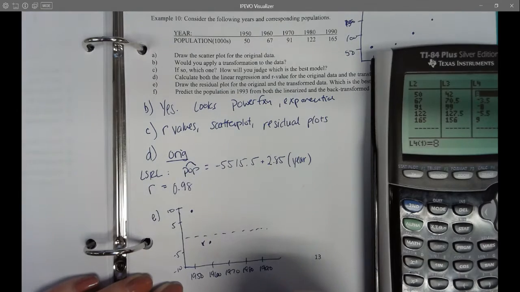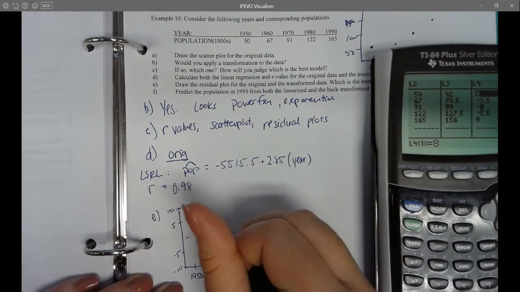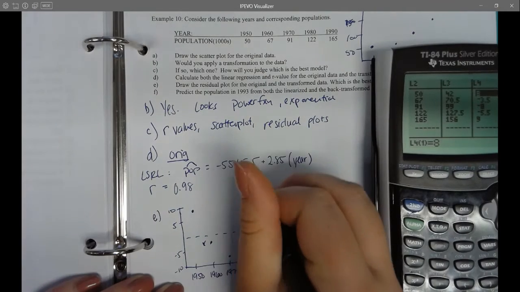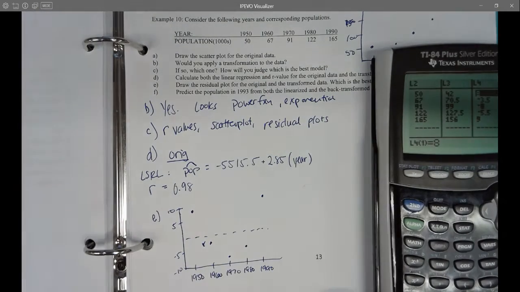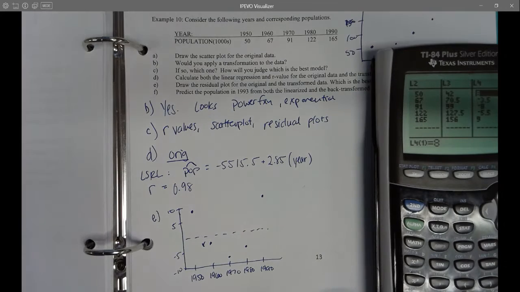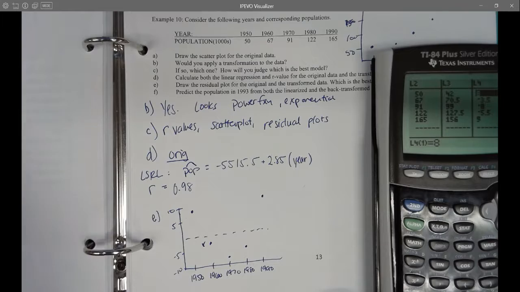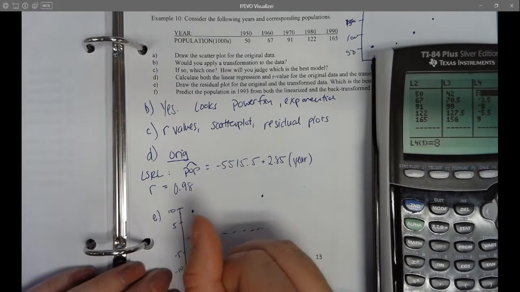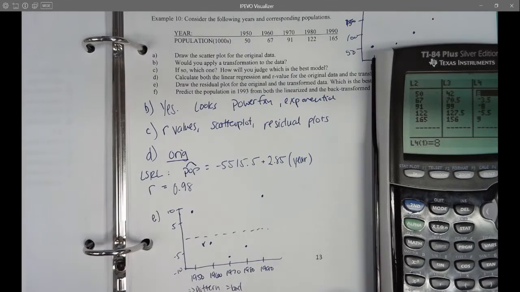Whoops, not that one right there. A residual of negative 8, a residual of negative 5.5, and a residual of 9. If I am looking at this data right here, this is looking like it shows a pattern to me. This looks like a quadratic in my residual plot. That is bad, okay? Pattern equals bad. So since this one has a pattern, that's telling me that this is a bad model here, a bad fit, okay?